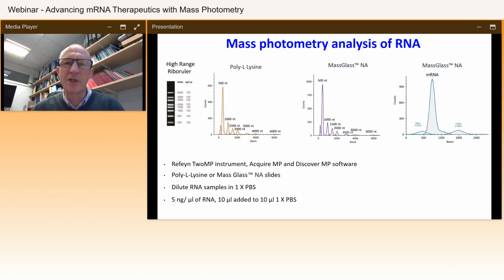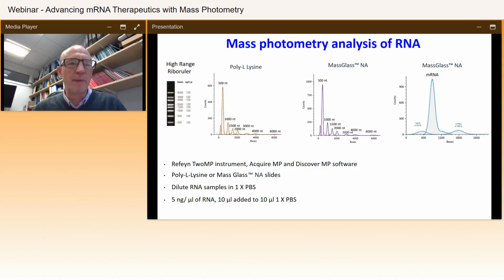All the data I'm going to show in today's webinar was obtained on a Refeyn TwoMP instrument and generated using AcquireMP and DiscoverMP software. All the RNA data was obtained on either in-house polylysine slides or Refeyn's proprietary MassGlass nucleic acid slides.